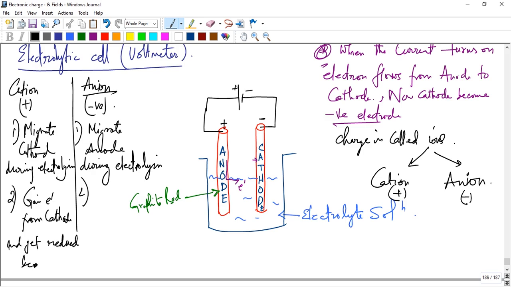The difference is that the anion loses electrons to the anode, gets oxidized, and becomes a neutral atom.